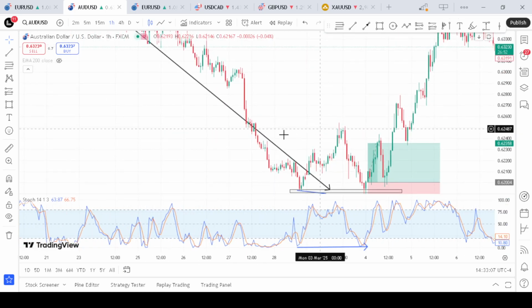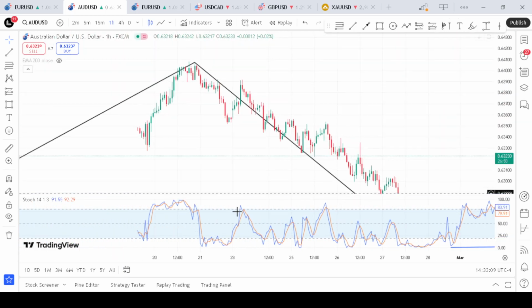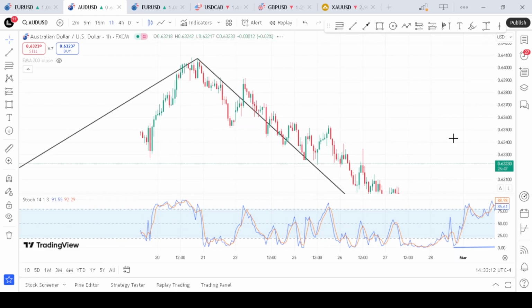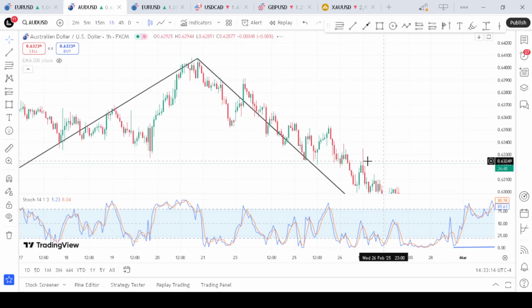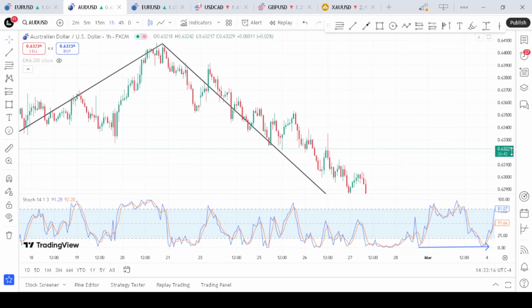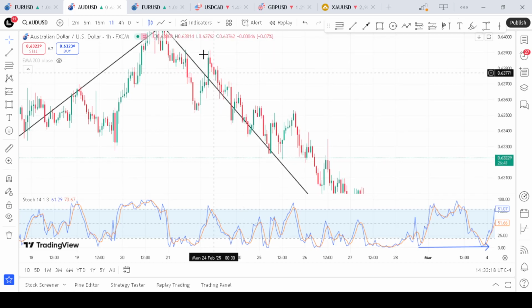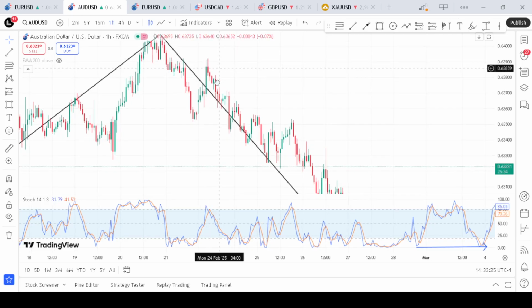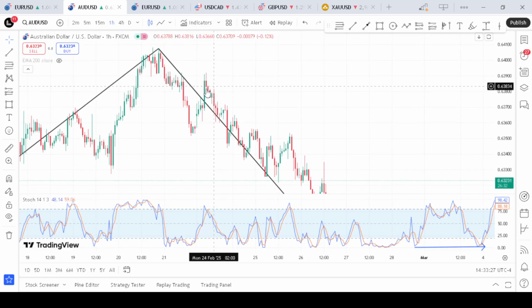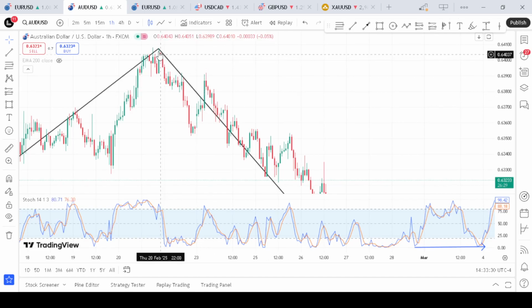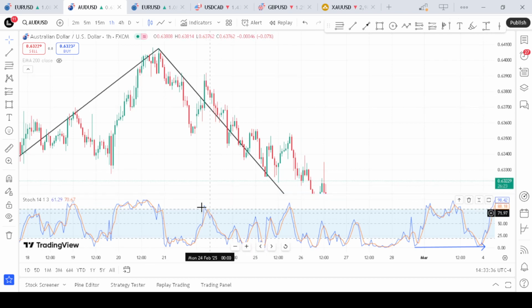Now let's look at a short position. Remember, this is the retracement back to the area we are expecting price to go for. As you can see in this area on the market, price is making a retracement to the downside, and price is trading around the 80 region, which is the overbought region.